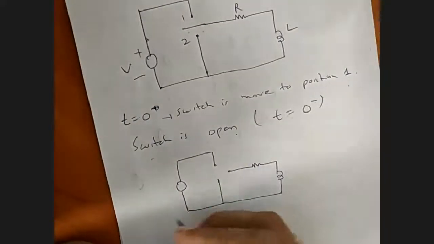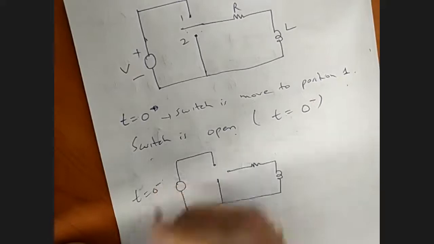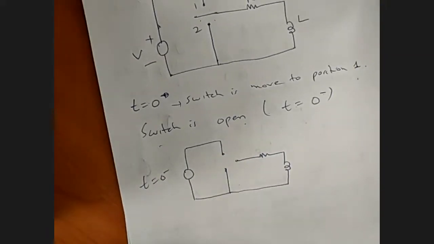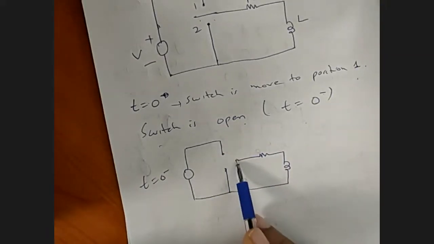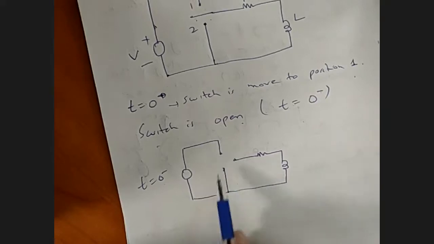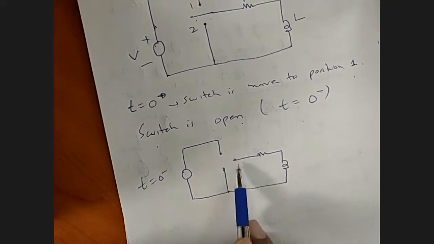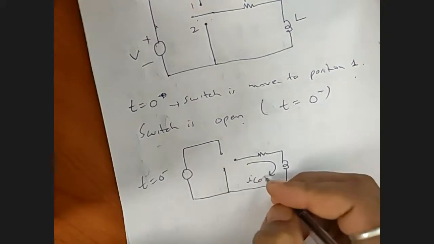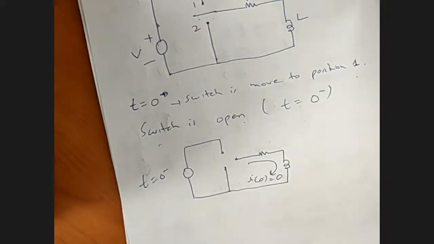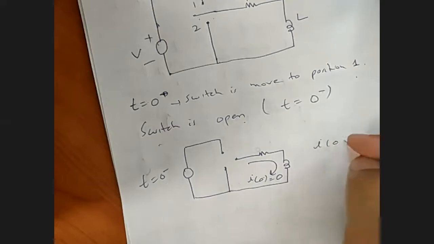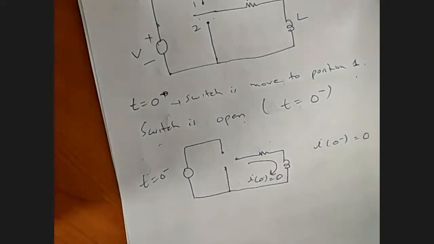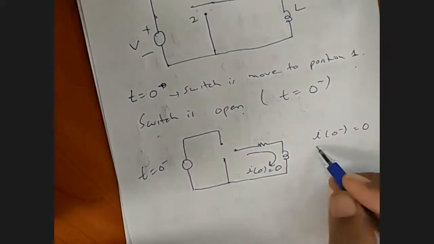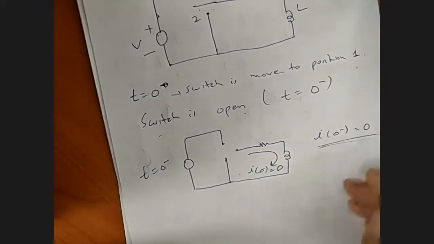At t equal to 0 minus, this switch is not at position 1 and not at position 2. So that will behave as an open circuit. So there will be no current flowing in this circuit. That means I0 minus will be 0. So this is how we will be finding I0 minus in the circuit.